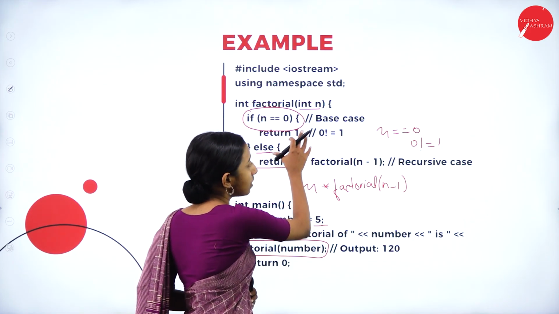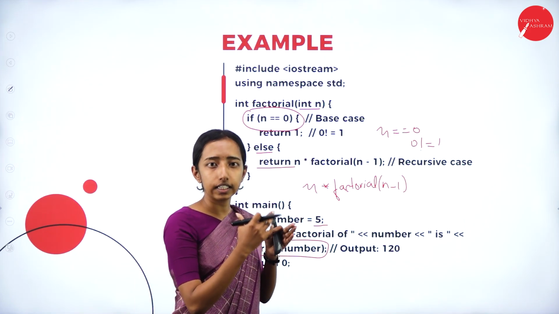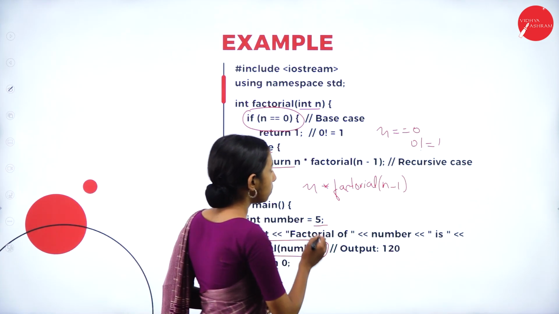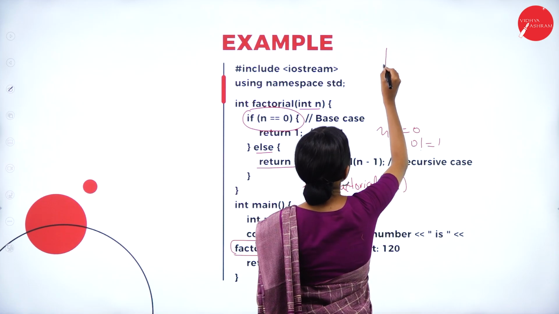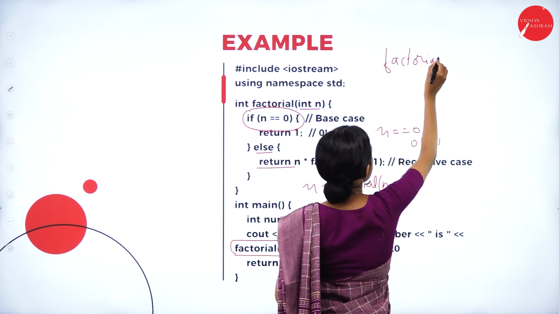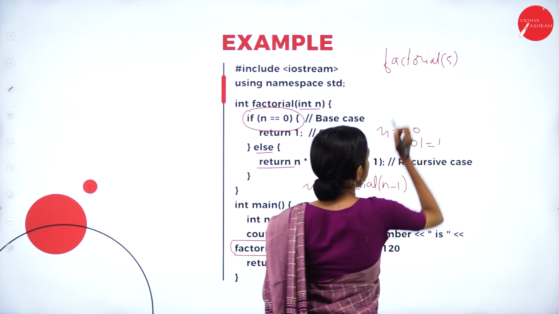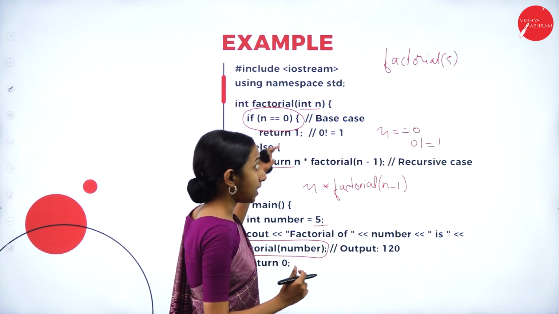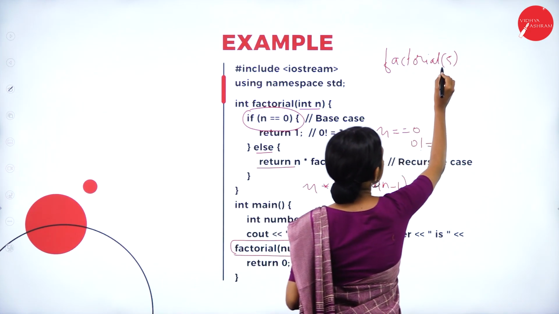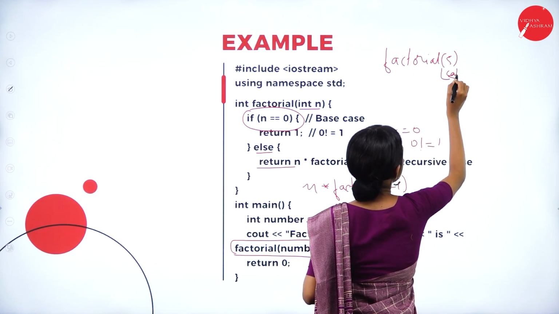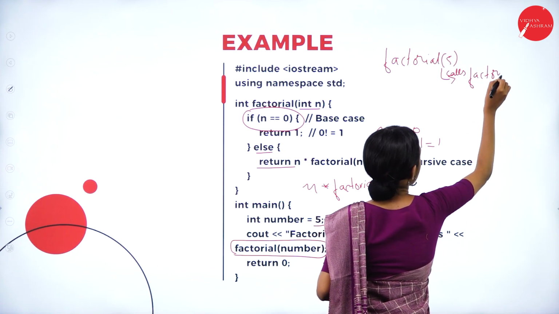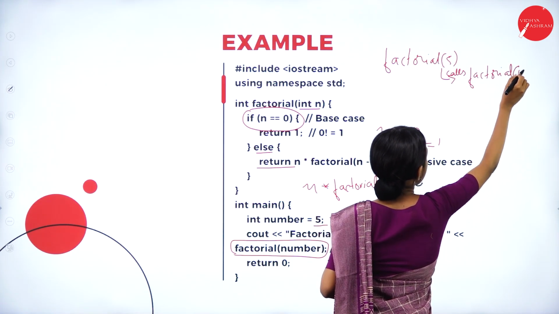Now how does this work in the program? The first thing is the base case. It takes factorial of 5. Next it calls factorial of 4.